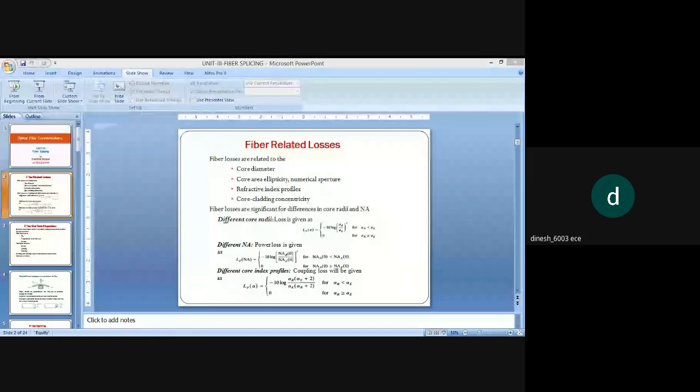There are three methods used for doing this: sawing, grinding, and polishing. Grinding and polishing require a controlled environment like a laboratory or a factory, where you can control optical fiber grinding and polishing. In sawing we don't require that.